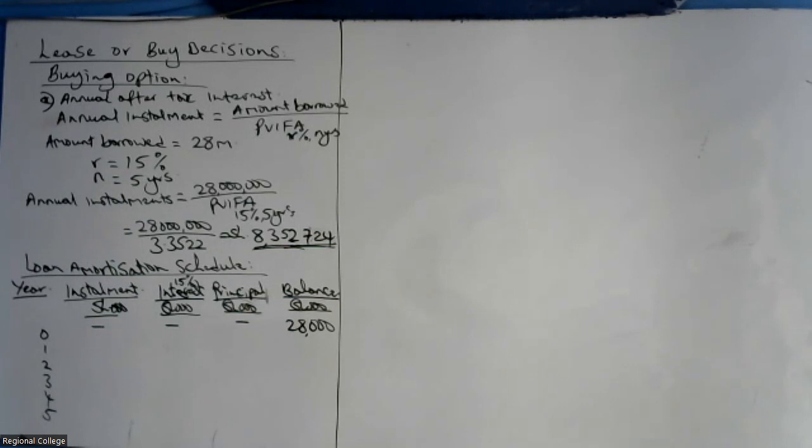How much installment do I pay in the first year? 83.53 in thousands of shillings. The installments are always constant. That's why we used an annuity. So I put all my installments for the 5 years at 83.53.